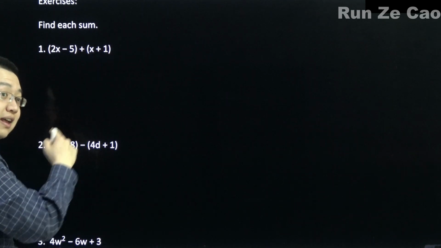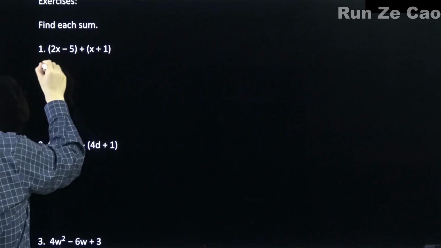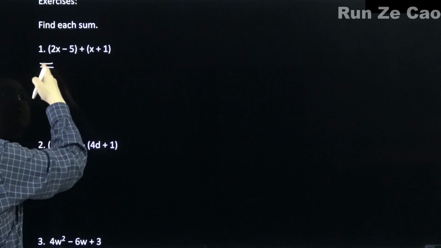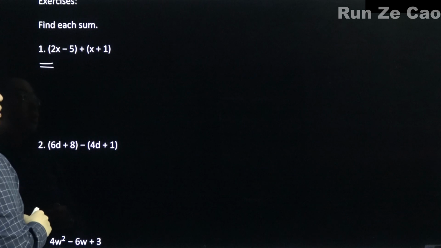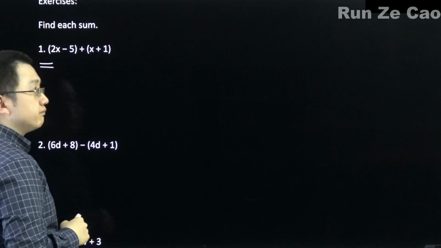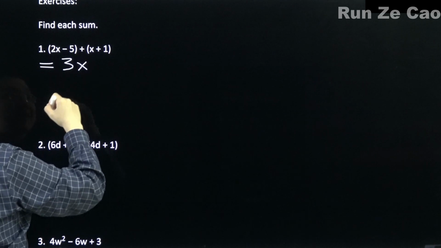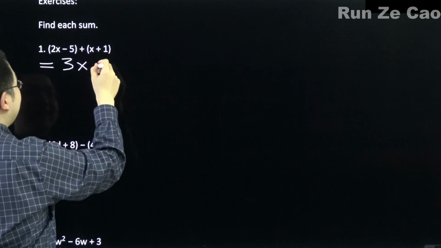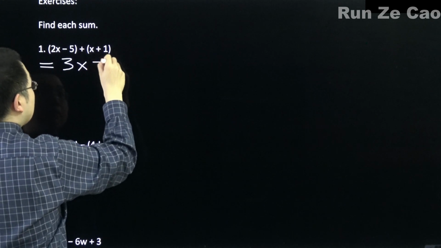That would definitely be a good idea to write it all out. But honestly, for adding two binomials that have all their terms matching up, yeah, nah. 2x plus x is 3x, and negative 5 plus positive 1 is minus 4.